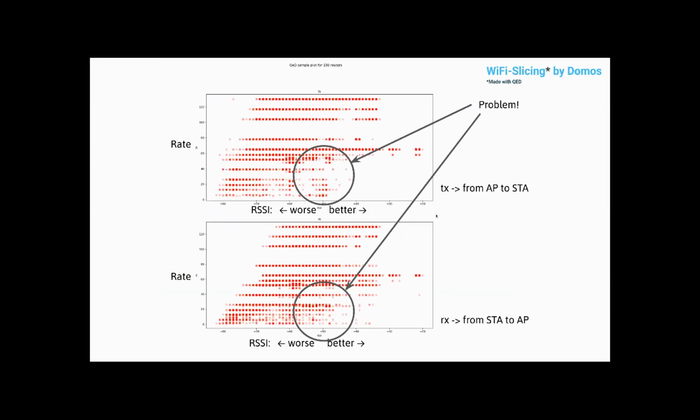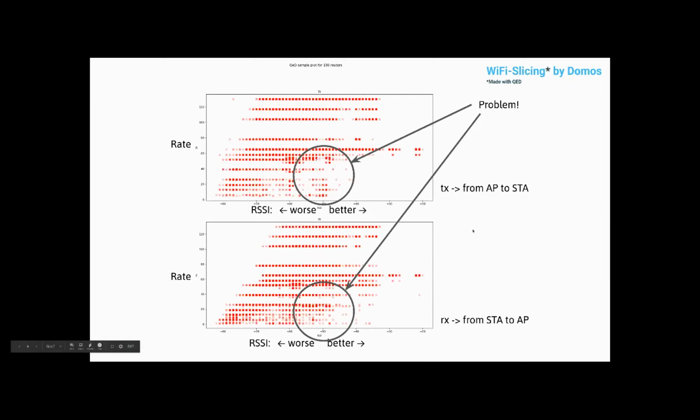But we found that especially in the upstream direction from station to access point, but also in the other direction, we have quite a lot of cases where the signal strength is very good, but the rate is very low.